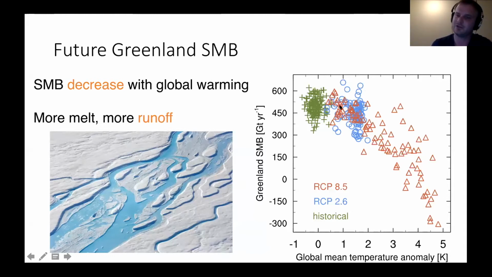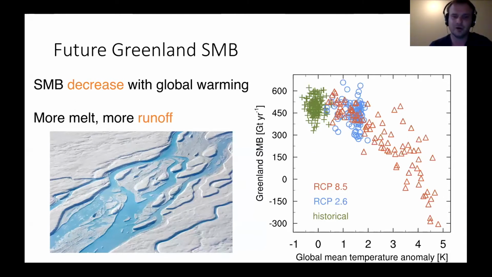And this decrease is very fast as we go beyond 2 or 3 degrees warming relative to the historical period. And this is driven by more surface melting, by increased surface energy balance, more surface melting, and as a result, more surface runoff.